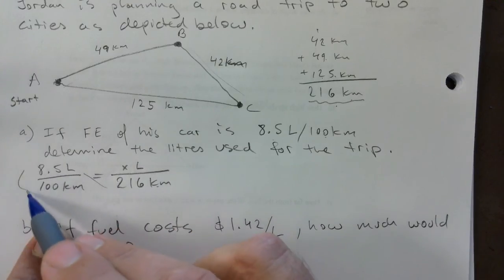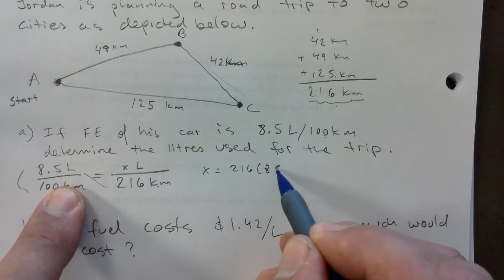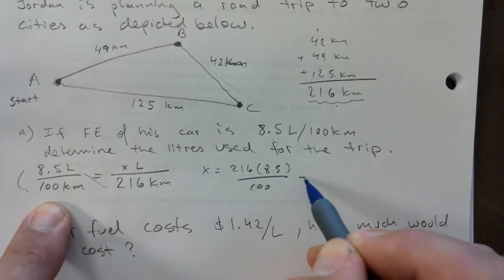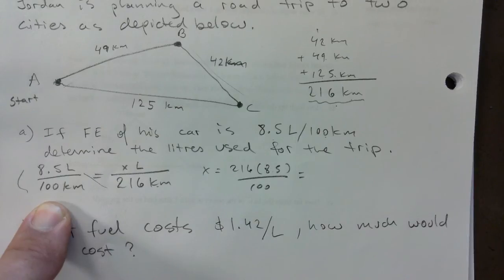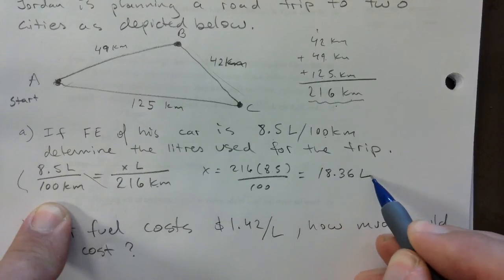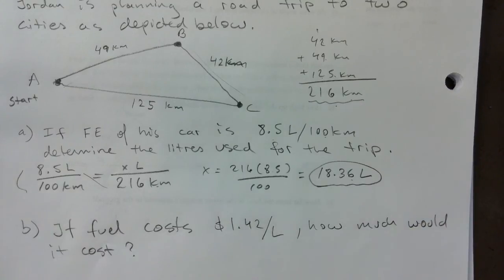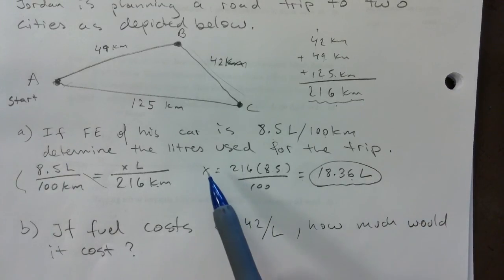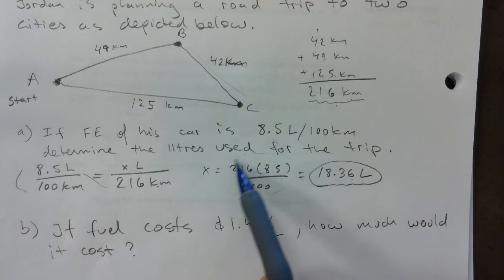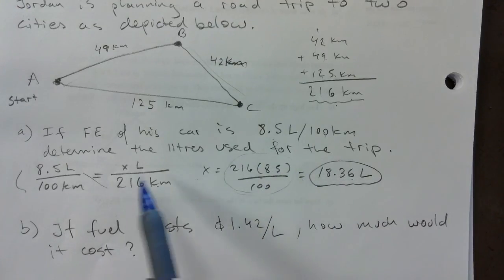Then you cross multiply and divide, just like before. And you get 18.36 liters that you're going to need. Okay? It's okay to have the equal because you're saying that this expression is equal to that amount. In this case it's okay, but don't put it right next to this.